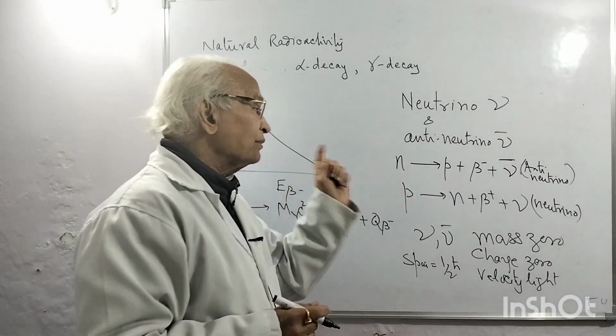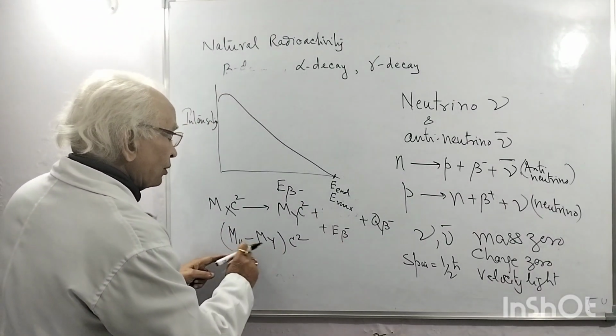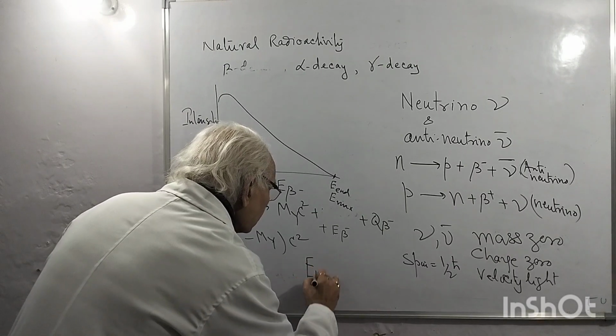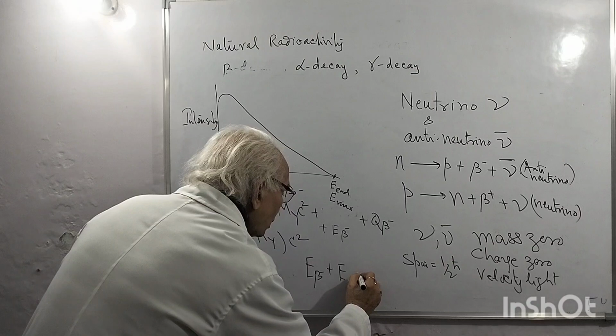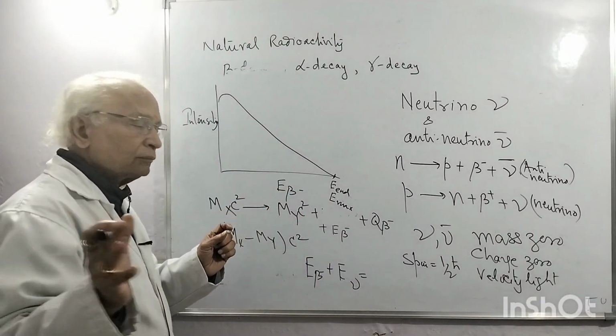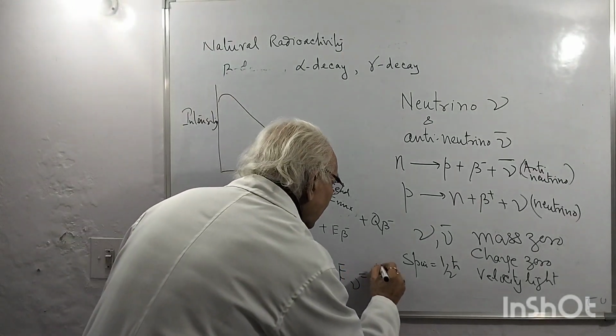This is for the conservation of energy. Here E beta plus E of the neutrino or antineutrino, this total energy is equal to Q beta, that is the maximum energy, or you can say E end.